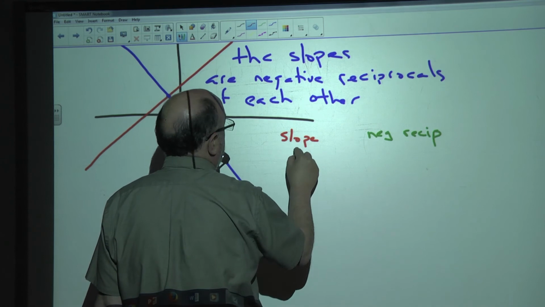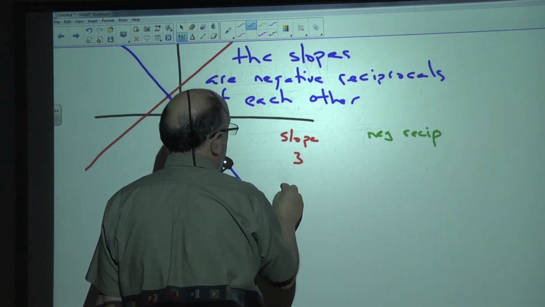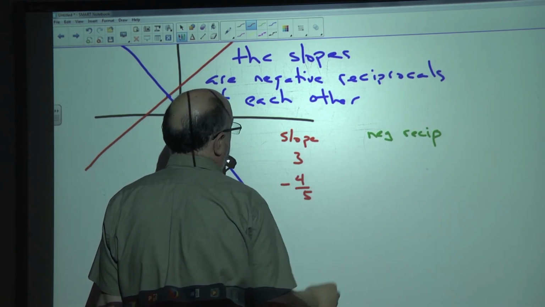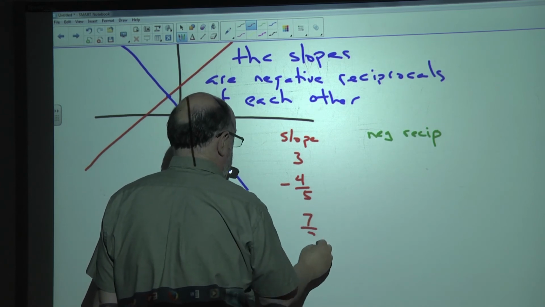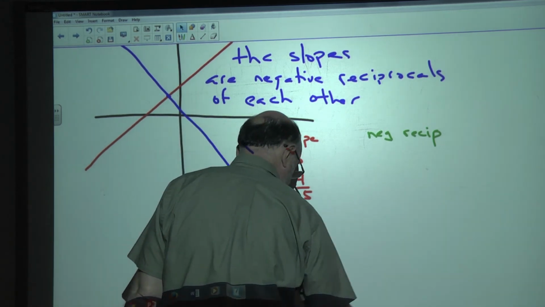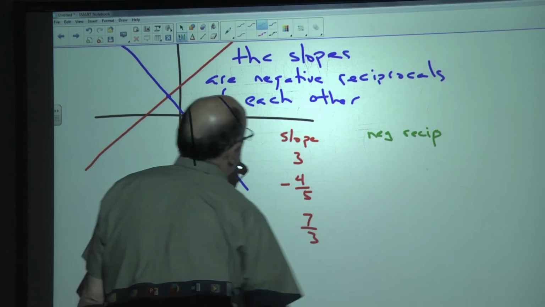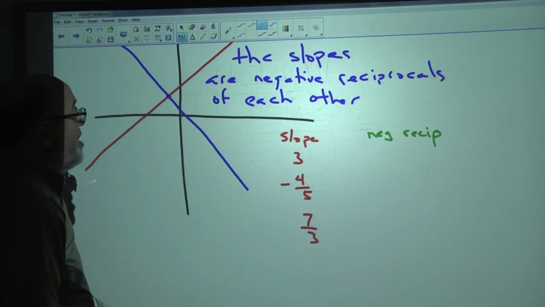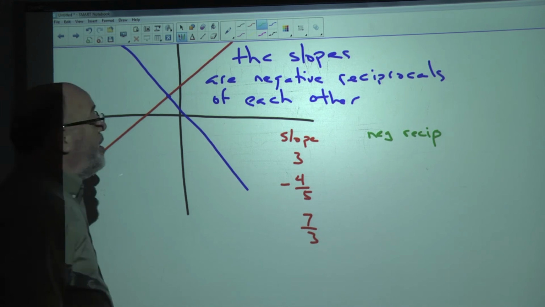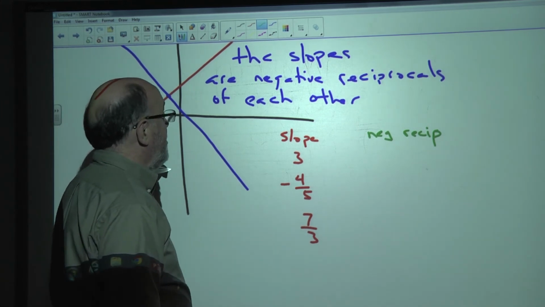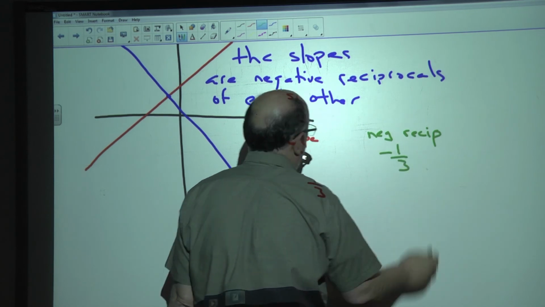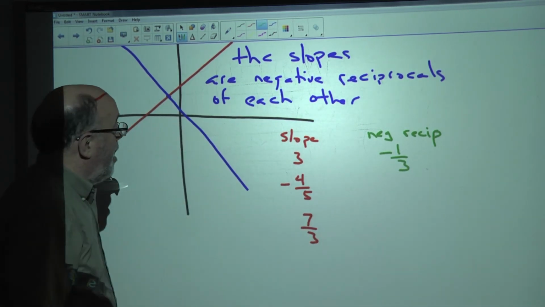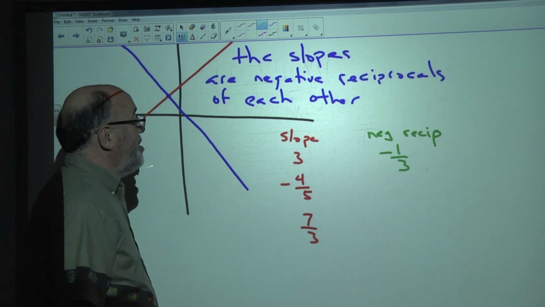So let's say that this number is 3, negative 4/5, and let's do 7/3, right? So negative reciprocal. So the first number is 3, which is the same thing as saying 3 over 1. And so negative reciprocal then would be negative 1/3.